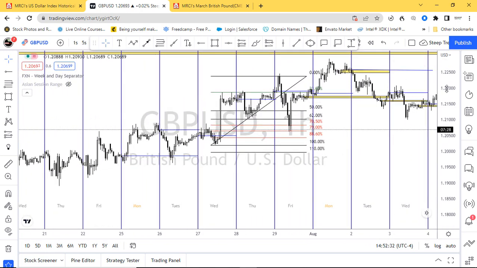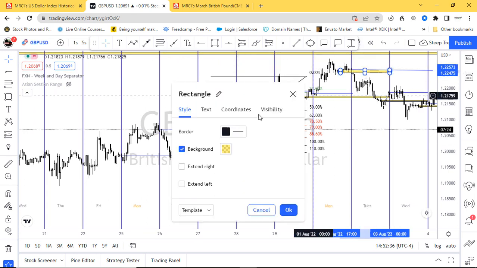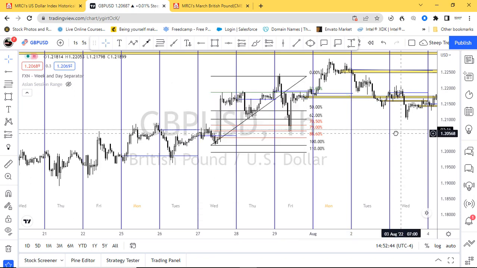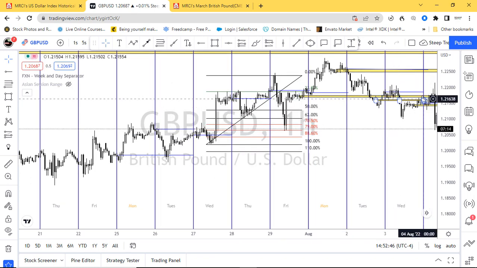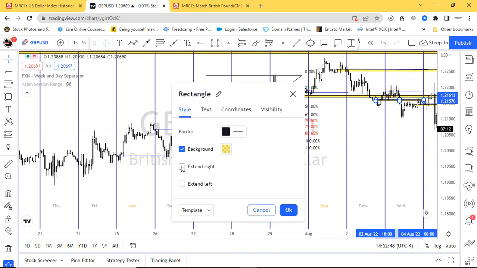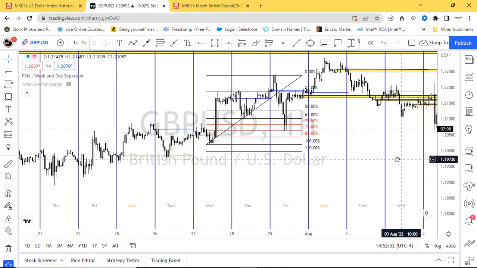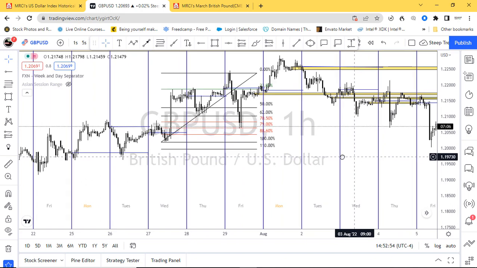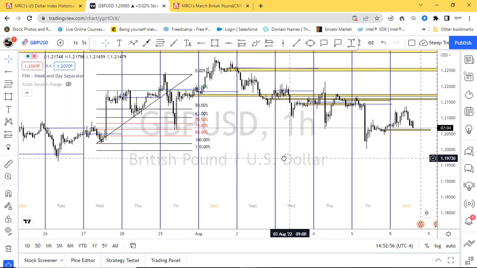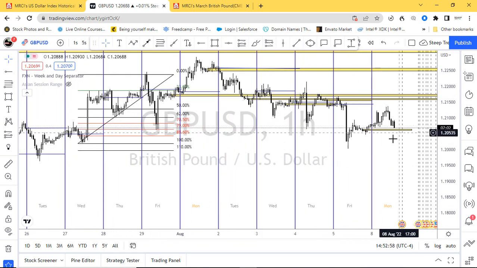All right, let's extend this one out real quick. Extend this one out. Extend this one out. So that's where we are now. Price trading down to this one.